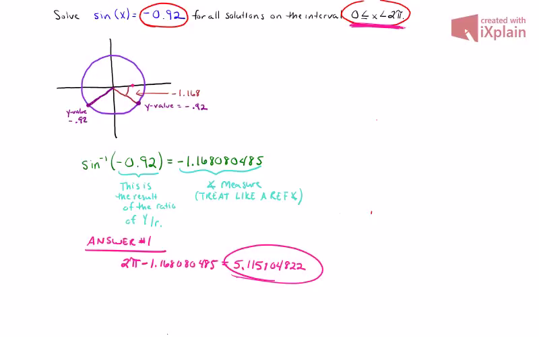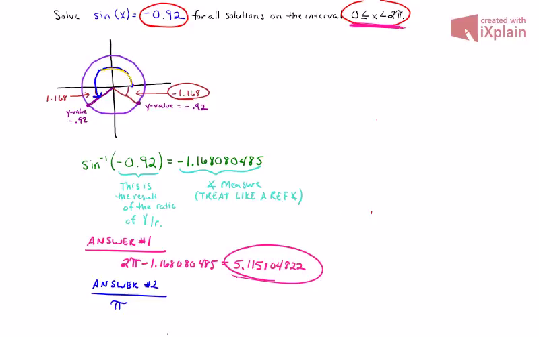And here is where you can use your reference angle. So I'm going to have a reference angle here, and again it will be 1.168. So if I want to draw that in, starting from that initial side that I usually start with and going my usual counterclockwise, I want to end here. So answer 2 will be pi. And again, I'll illustrate that.